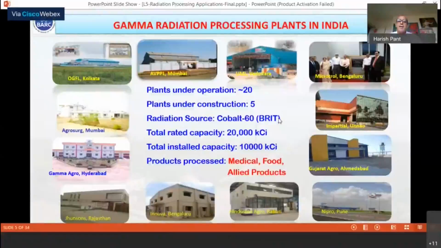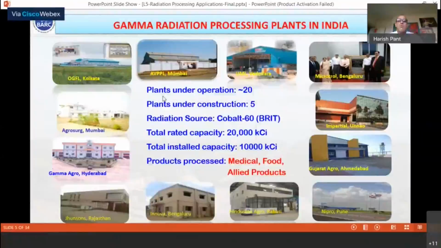It is then marketed by the Board of Radiation and Isotope Technology. One gamma radiation plant is designed to have an activity of more than about 20,000 kilocurie. So you can see that the activity levels used in these radiation processing plants are very high.